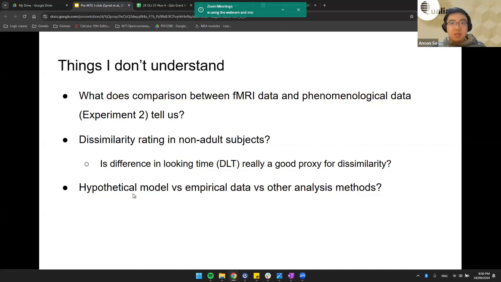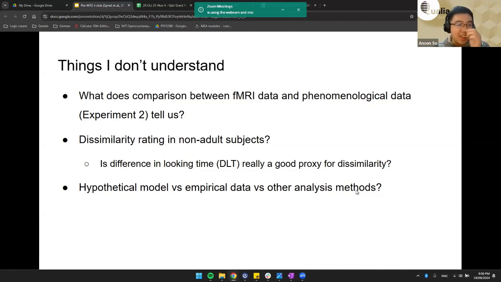And I'm not sure, and perhaps Li Peng could comment on this because you're quite good at data statistics in general, and to see if there are ways in which you can extract the information that they are able to categorize between various categories using some other analysis method rather than comparing with hypothetical models. Because this is the first paper that I've seen that used a hypothetical model. I'm generally quite new to the literature, so I'm not sure if this is standard practice or something that's a bit odd.